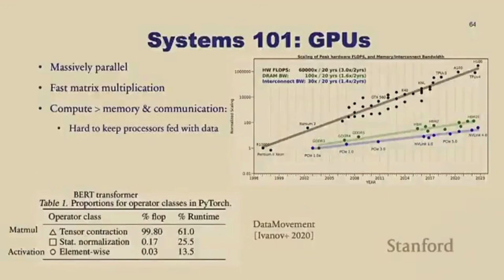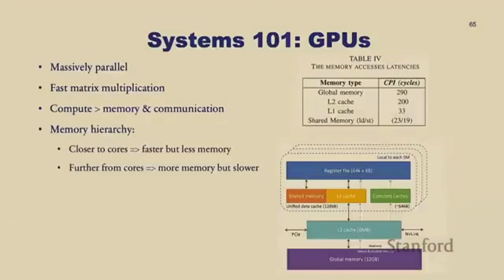So the data that you send to GPUs is hard to keep up with the processing, and most of your GPUs are going to be idle if you just run normal code and don't optimize it.